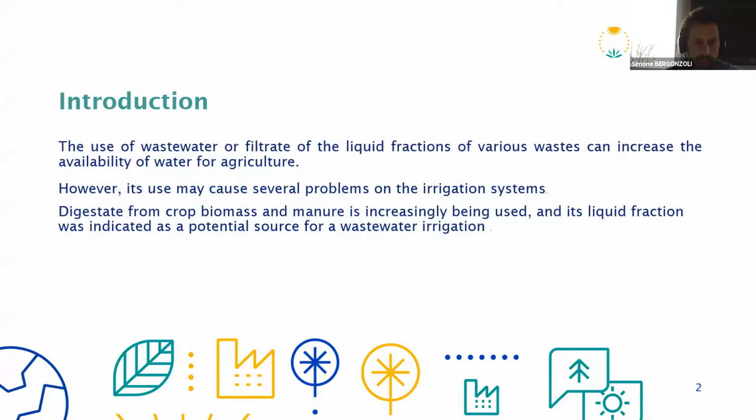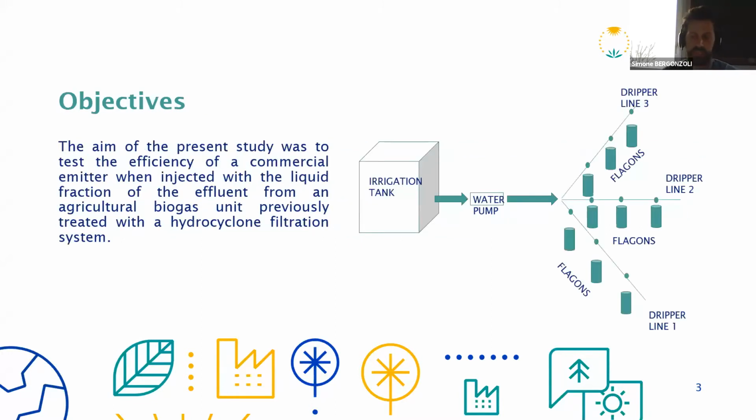So we decided to study in our experimental farm the use of this kind of wastewater that is coming from a biogas power plant placed very close to the experimental farm, and to treat this water with a hydrocyclone filtration system, and then to pipe it in the irrigation system.